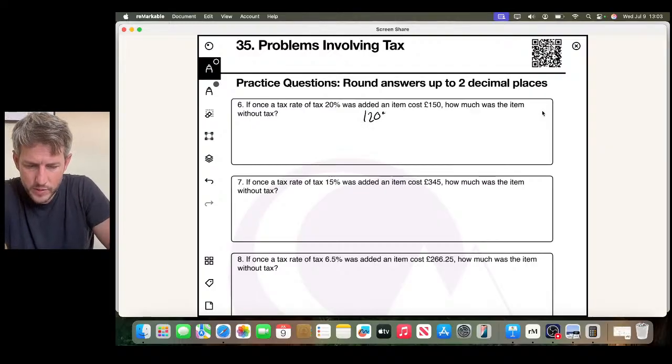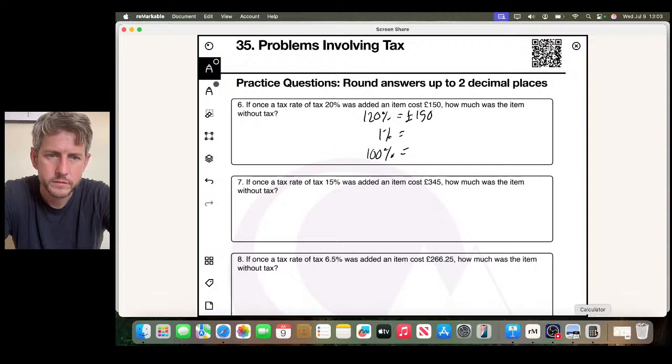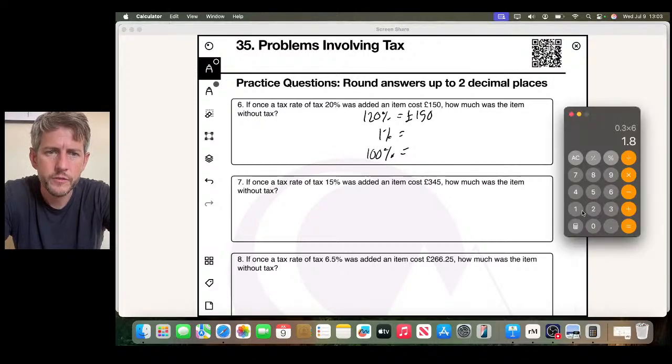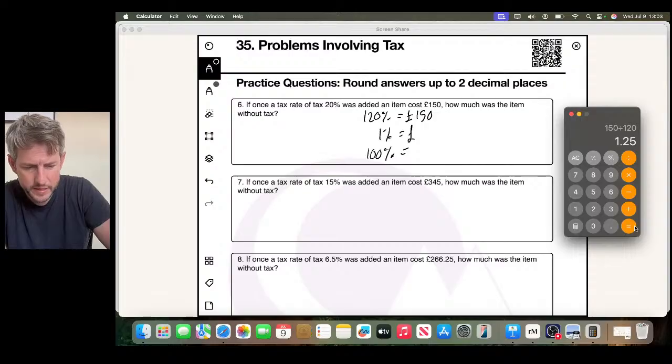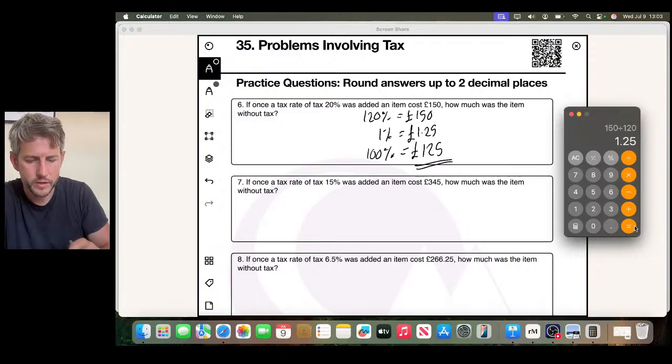Okay, so 120% equals 150. So we need to find 1%, and then we need to find what the 100% was. So 150 divide 120. There we go. So 1% is £1.25. So that means 100% would be £125. Okay.